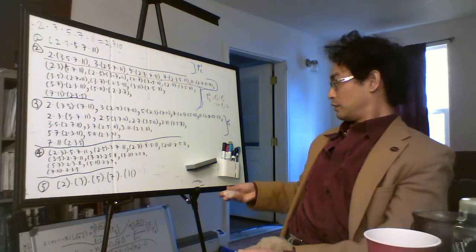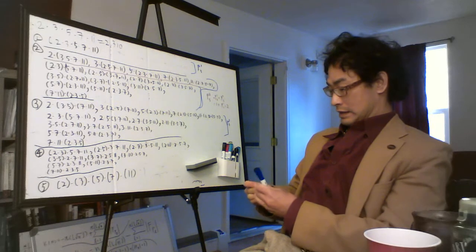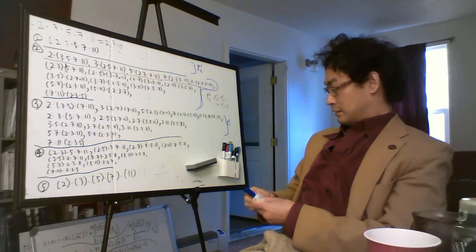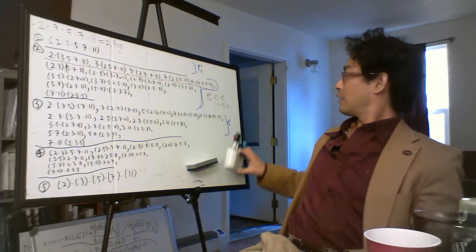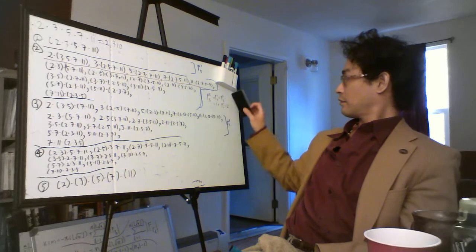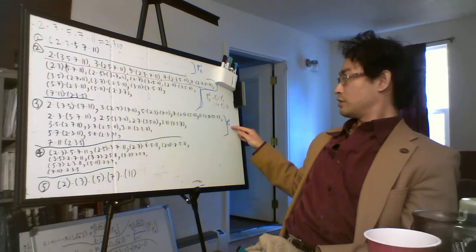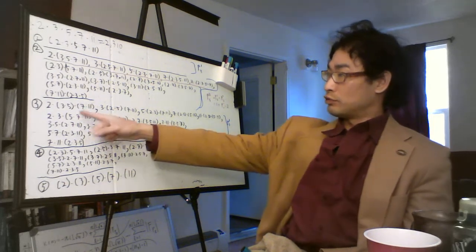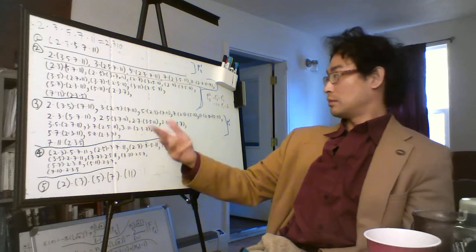All right, so this gunk. Express 5 as the addition of 3 numbers, okay? 1 plus 2 plus 2, 1 plus 1 plus 3. I guess that's it.